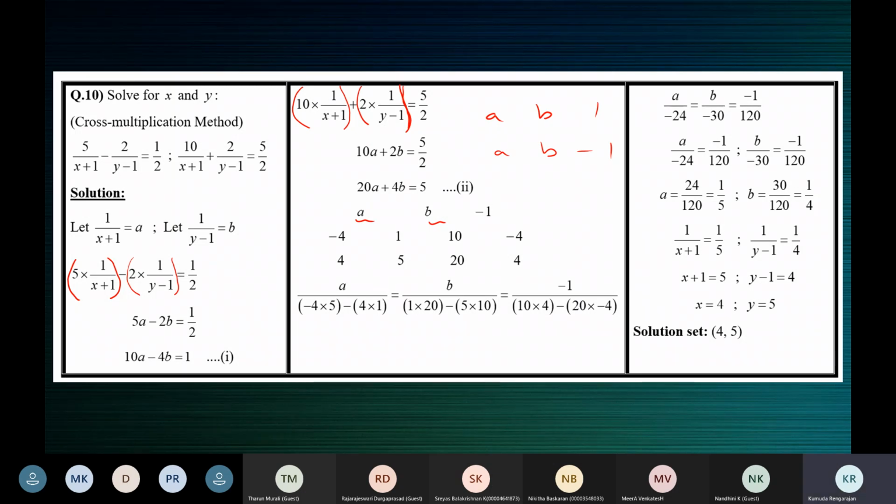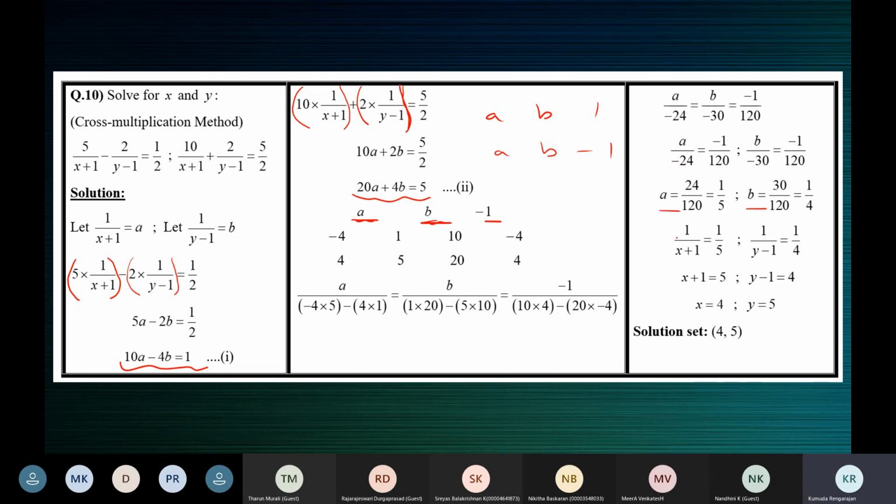So here, because the constants are on the other side, AB minus 1. Then we just use the cross multiplication method. Count the values for a and b, because this equation has a, this equation has a and b, and this equation also has a and b. So you'll get the values of a and b.